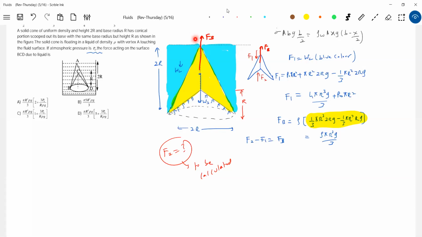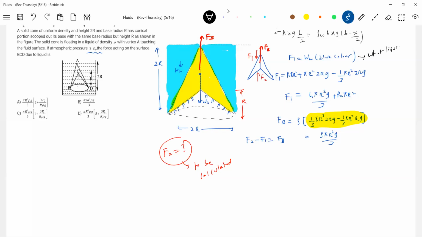And pressure will also be there, no? P naught pi r square. So P naught pi r square plus pi r square into height, how much? 2r. So this will be a cylinder minus the volume of this bigger cone. That will give F1. So what is the comment you should write?